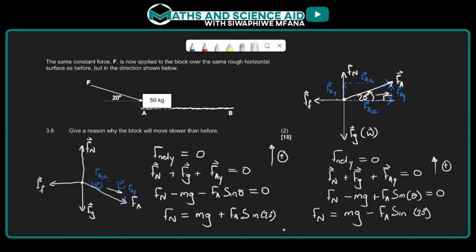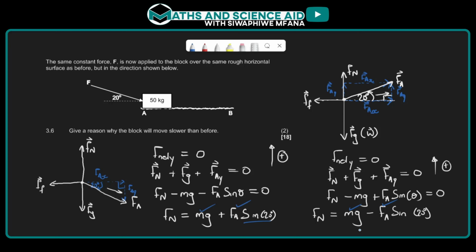So as you can see, since we are still talking about the same 50 kilograms block in both of these scenarios, everything is the same here. The mass is the same, and as it was discussed here, we are still applying the same constant force F, so this Fa is going to be equal to this one in magnitude.